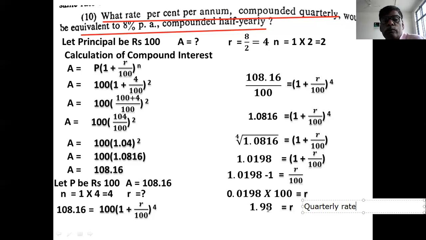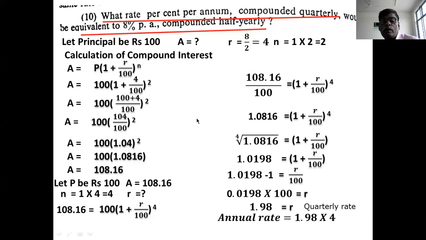In a year, there are 4 quarters. Therefore, you multiply by 4. Annual rate is equal to 1.98 into 4, the number of quarters. Therefore, annual rate of interest is 7.92.